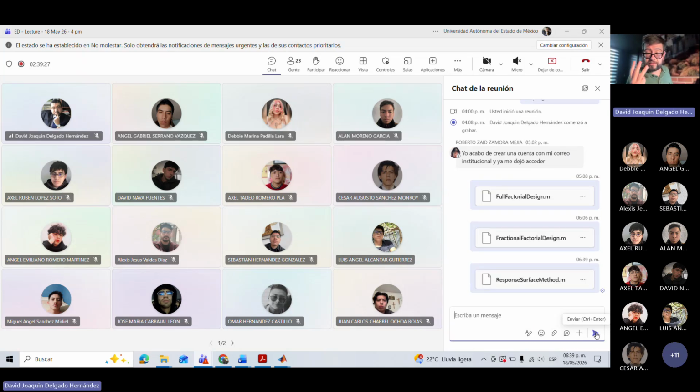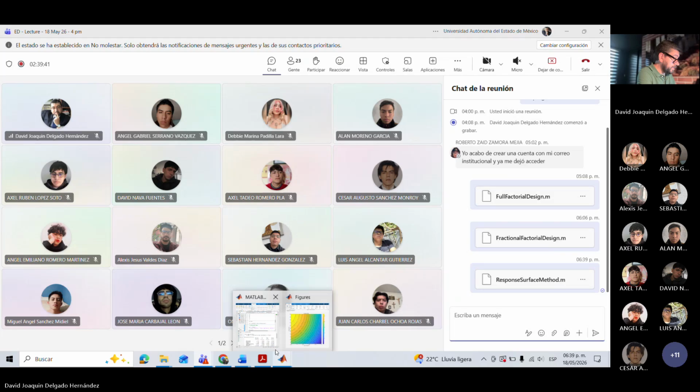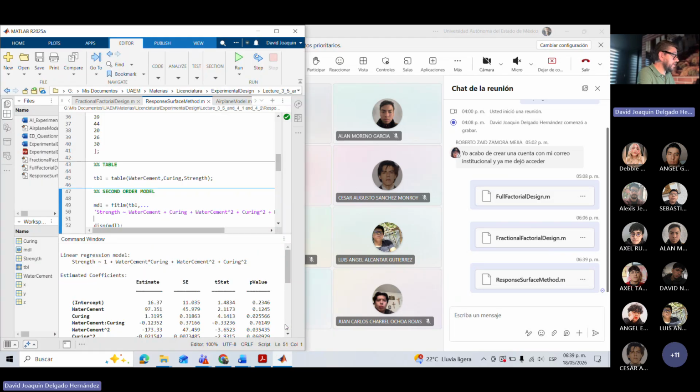The third script is called response surface method. You can download them from the chat in the Teams. Okay, let us run this script.